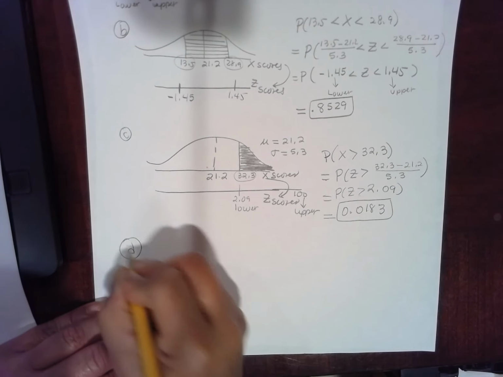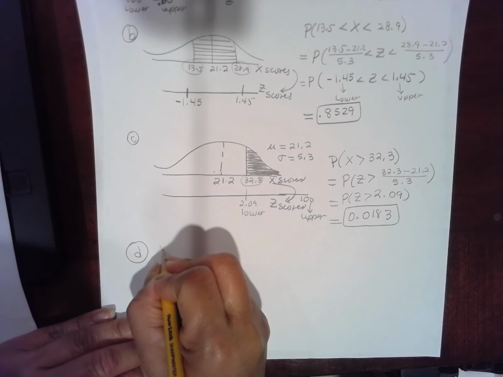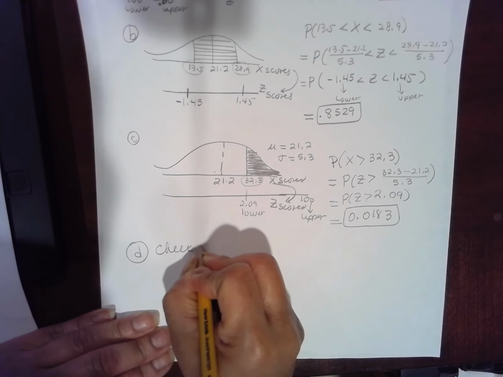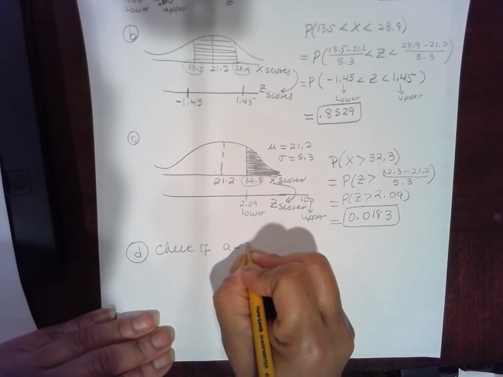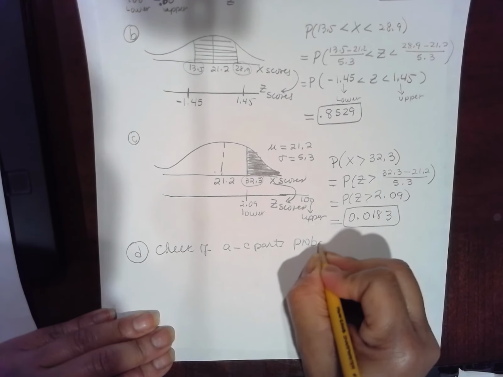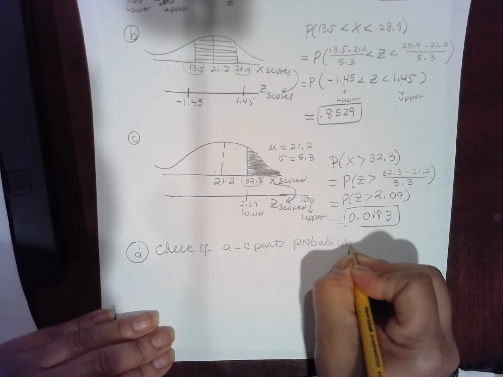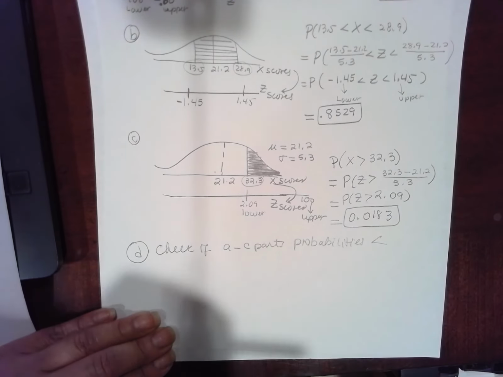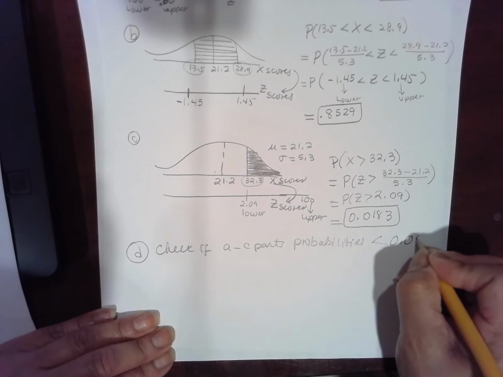So for part D, we're going to check to see if parts A through C have probabilities that are less than 0.05.